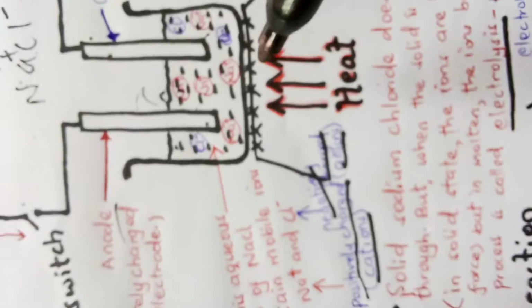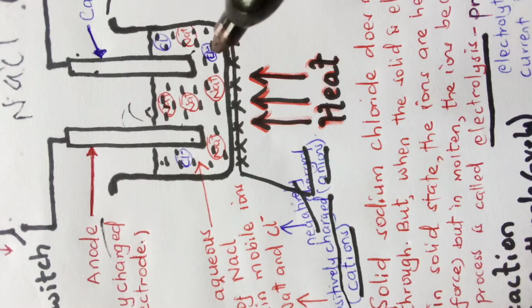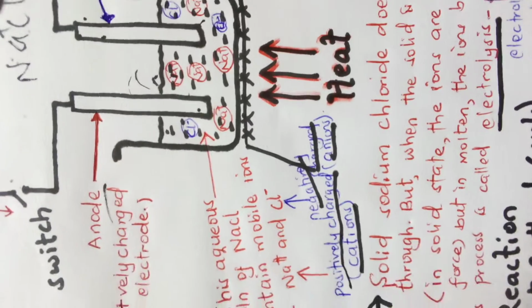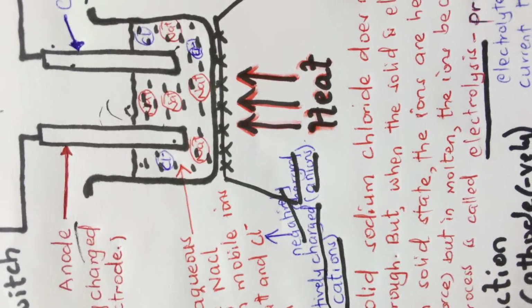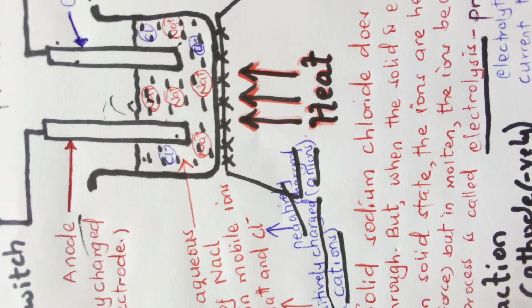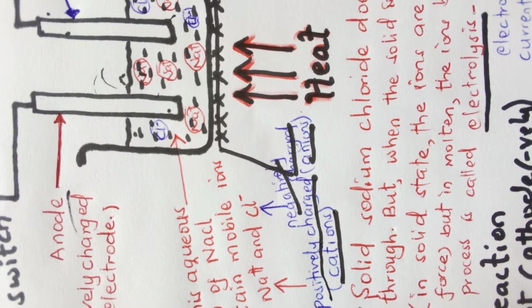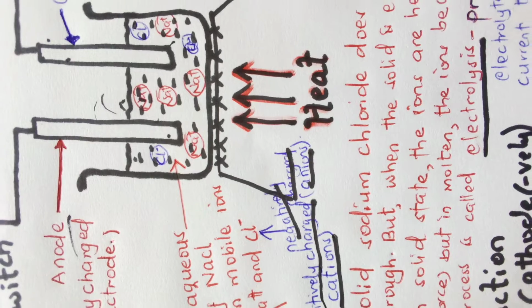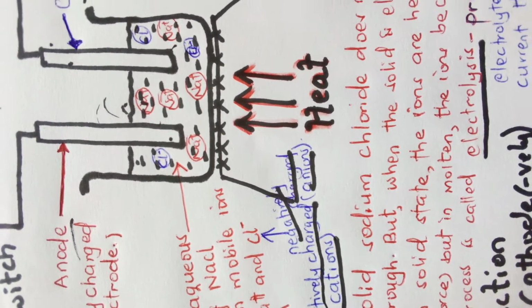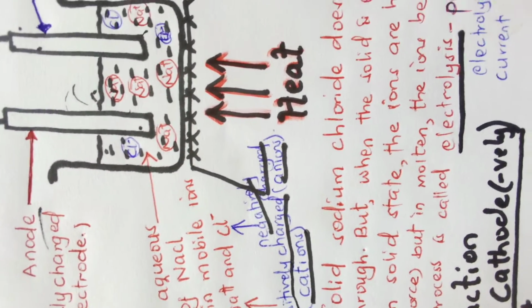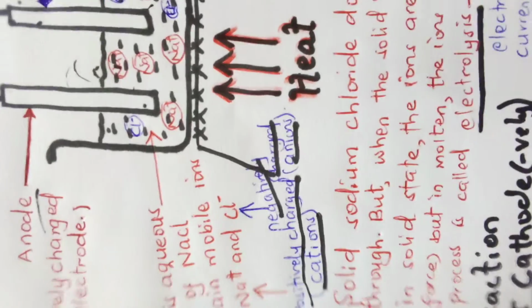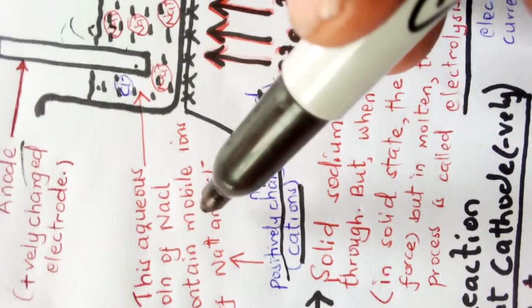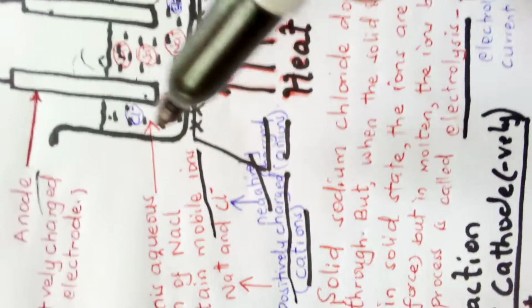We have heat, which is one of the conditions mainly used to melt solid sodium chloride. When the solid is melted, it produces sodium ions and chloride ions. These ions are called mobile ions, and they are responsible for the electrical conductivity.